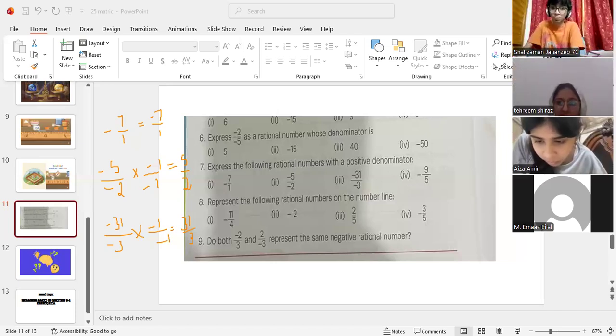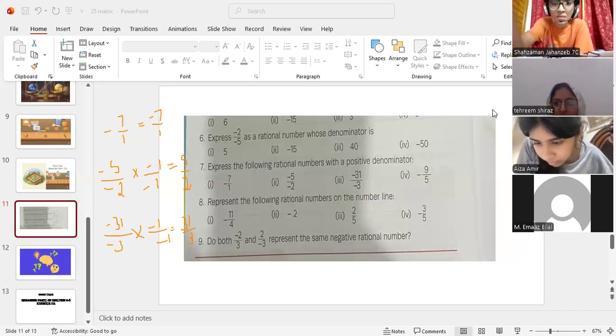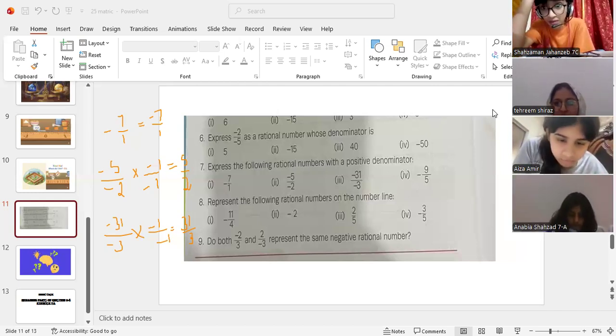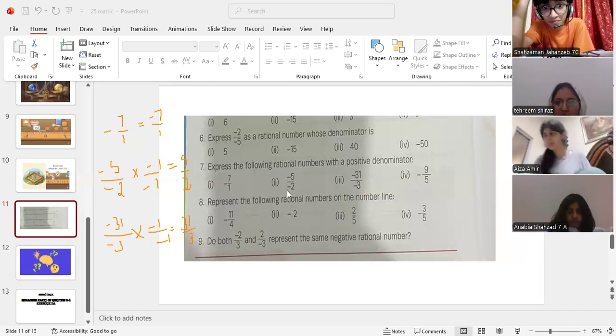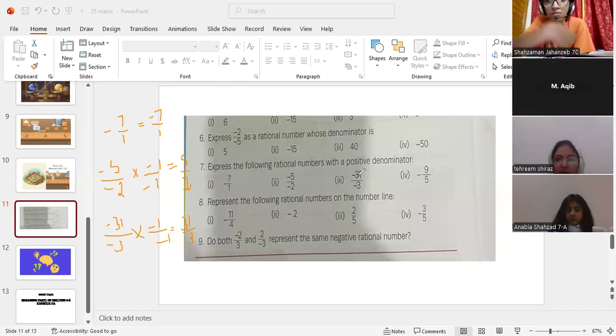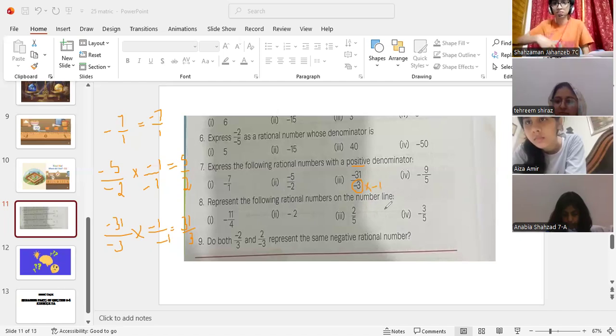Yes, Shahzaman. Ma'am, can you explain again question number 7, part 3? Do not mute yourself. Just listen to me. The question is -31 over -3. We just need to make the denominator positive. In order to make it positive, I have to multiply it with -1.